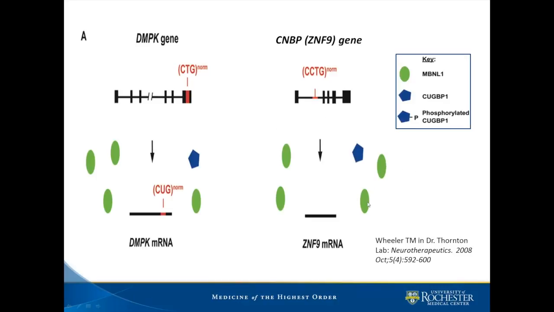In myotonic dystrophy type 2, because this particular expanded piece of CCTG is in an intron, the way that works molecularly is it gets cut out and it's just disposed of. So down here in the mRNA that's manufactured, it's just sitting there without any little red mark in it whatsoever, just like this is for myotonic dystrophy type 1.